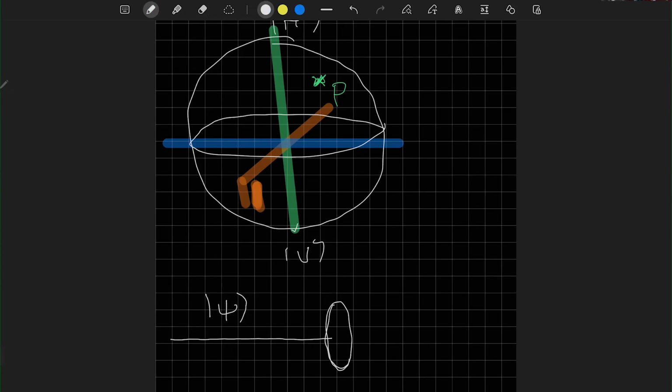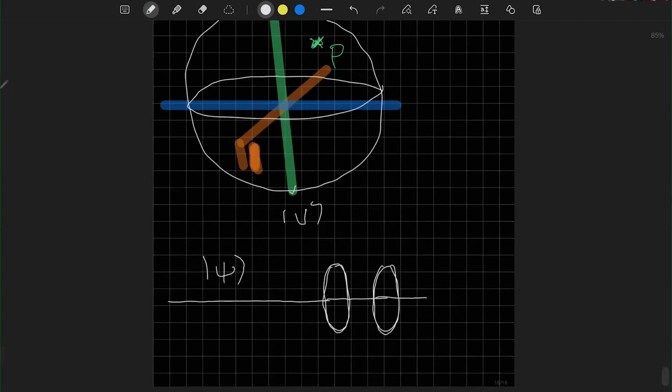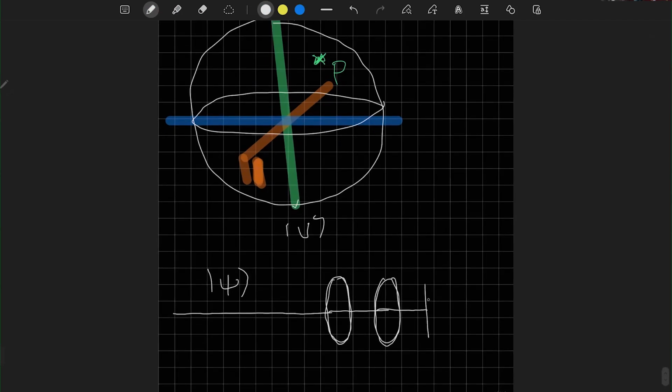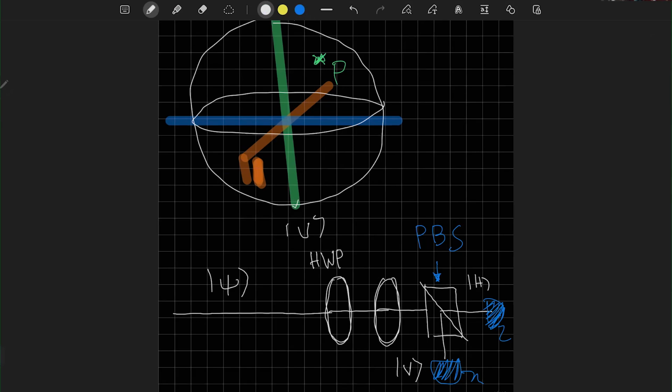You have two different kinds of elements, followed by a polarizing beam splitter, which has an H channel and a V channel output, followed by your detectors. So this polarizing beam splitter exists and is available. Now these two objects, one of them is called a half wave plate, the other is called a quarter wave plate.